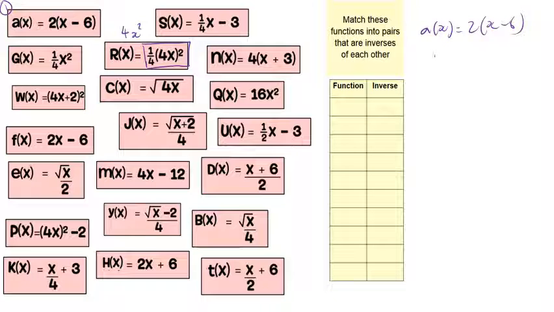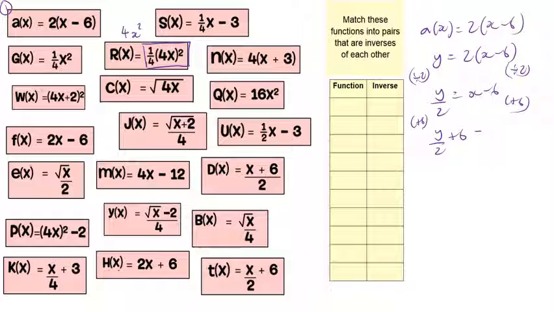So we'll start off by writing y is equal to, and then we need to rearrange. So we'll start by dividing by 2. And then plus 6. We've rearranged it to make x the subject.